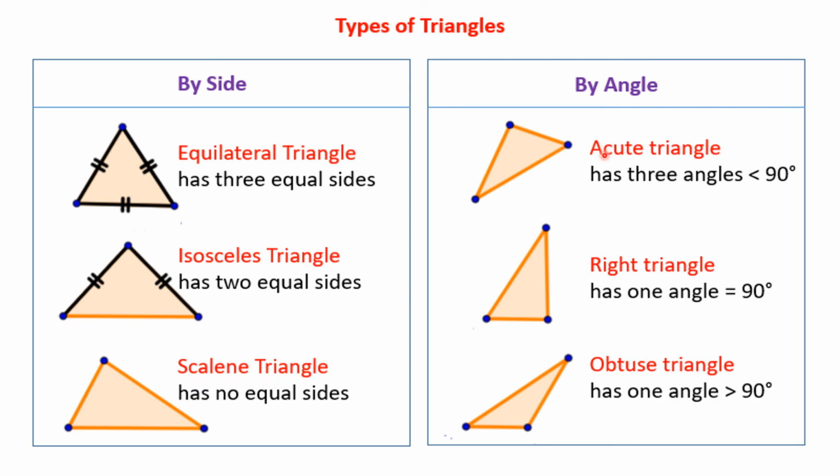And on the basis of angle, if all three angles of triangles are acute, acute means less than 90 degree, then it is called acute triangle, or acute angled triangle. And if in any triangle one angle is a right angle, or 90 degree, then it is called right triangle, or right angled triangle too. And third kind of triangle where one angle is obtuse angle. Obtuse means more than 90 degree. Then it is called obtuse triangle, or obtuse angled triangle.